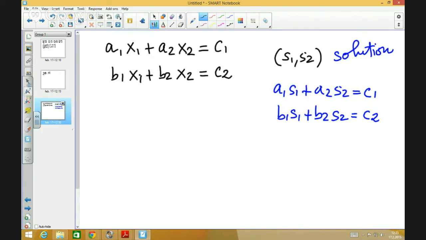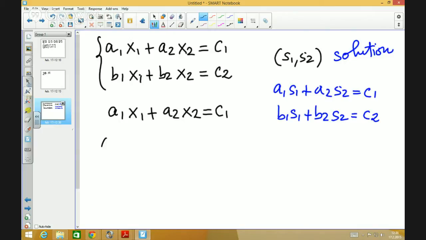Okay? So now let's see what happens to a system of equations which we obtain from the one that we have over here, by adding to the second equation d times the first one. So what is it that we get? The first equation doesn't change. And we replace the second one by the second equation plus d times the first one.